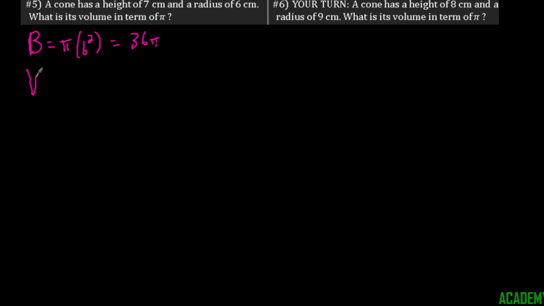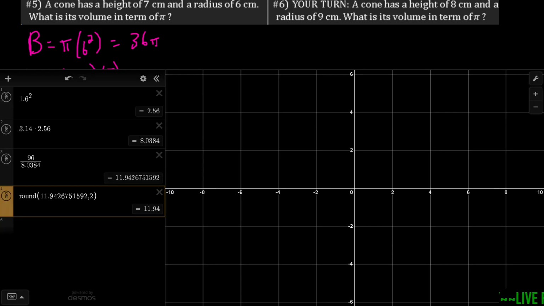I need the volume, so I'm going to say my volume is equal to the area of the base times the height, which is 7, divided by 3. And so when we multiply this out, I can multiply together 36 and 7, and divide by 3. So let me clear this out on Desmos.